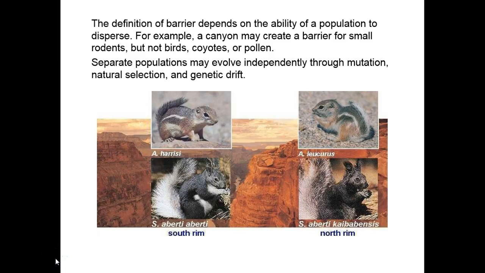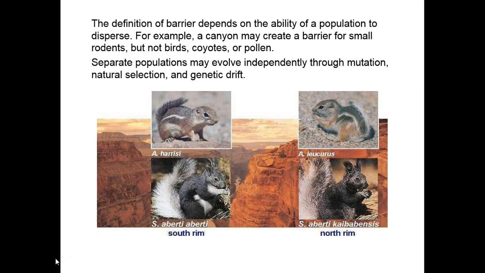This is where we left off in part one with regard to populations having a barrier. Depending on geography, if they can't come near each other, they're not going to be able to reproduce, even if all the other factors are met.